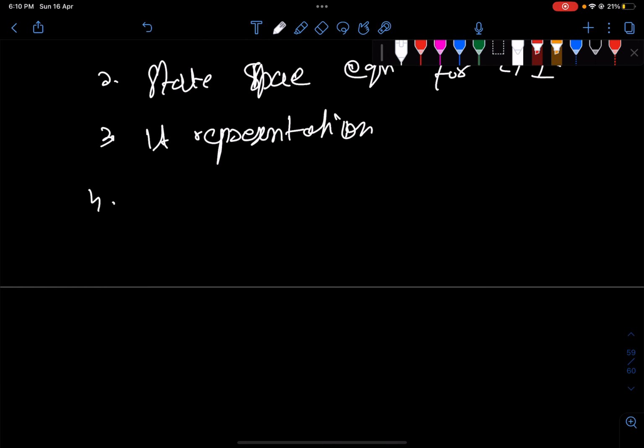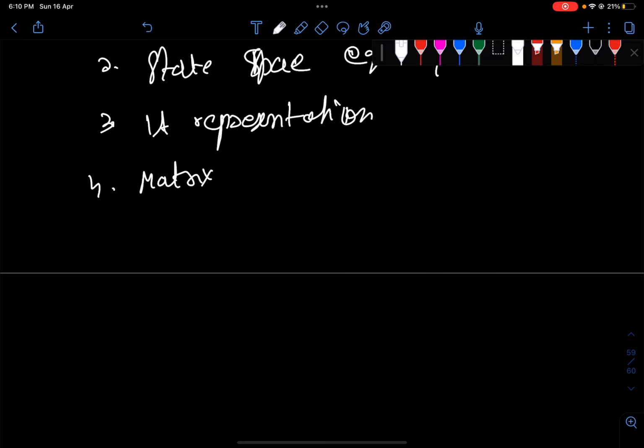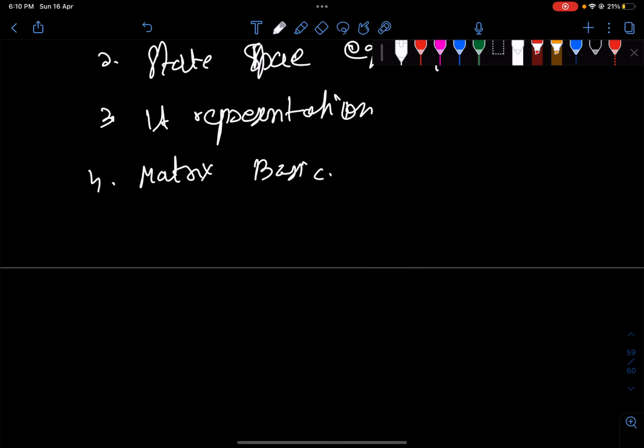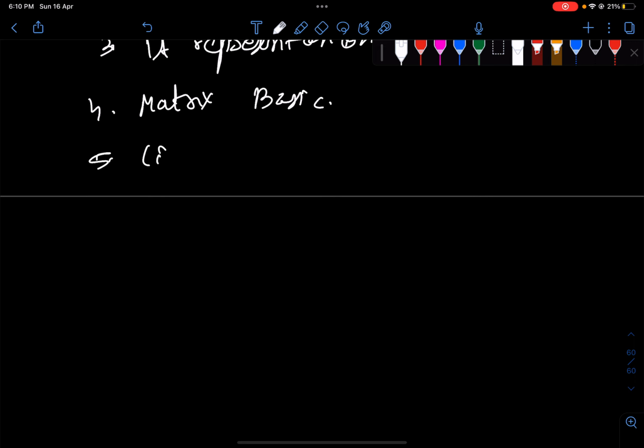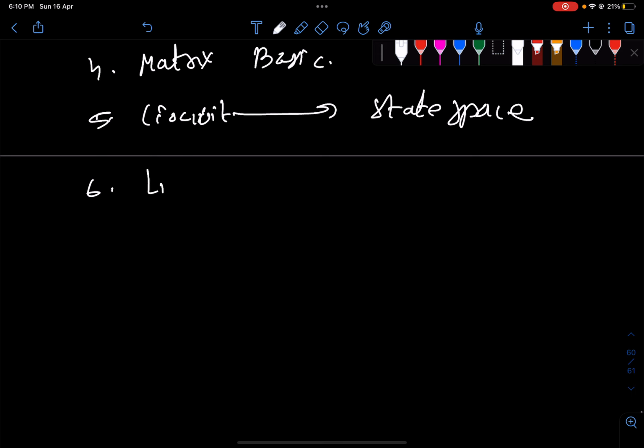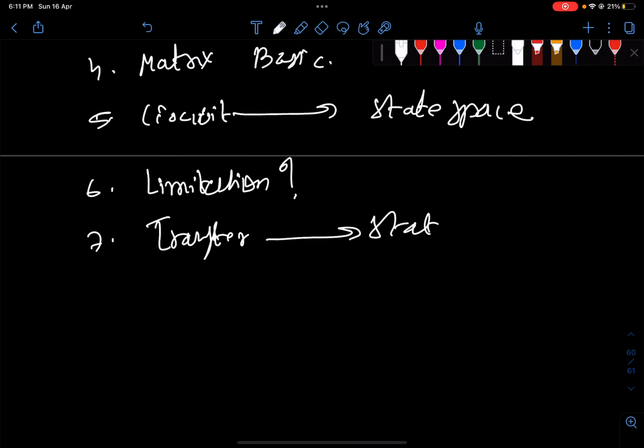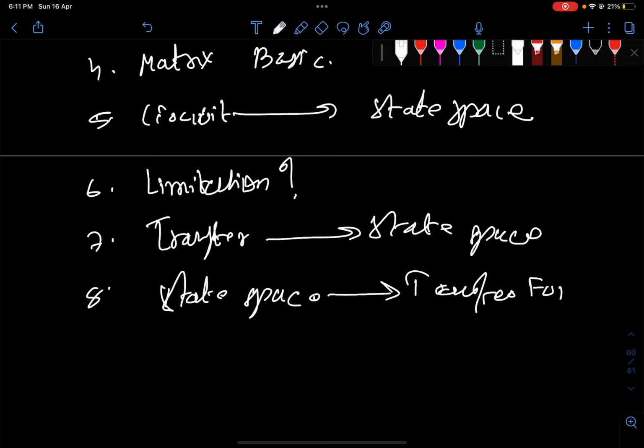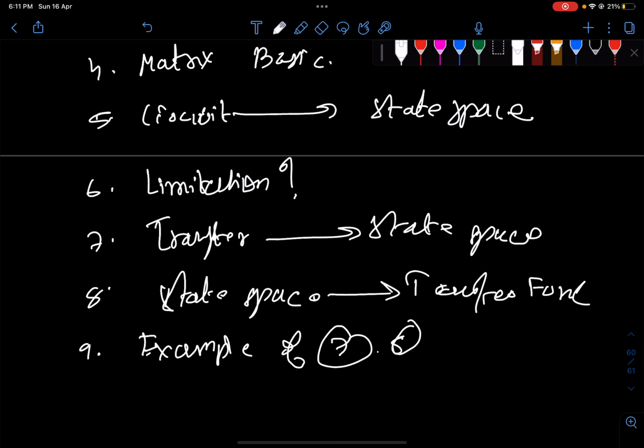After that I went through matrix basics: inverse, rank, determinant, non-singular matrix, etc. Next, from circuit to state space, then I showed you that if the circuit is larger it is very difficult, so that is a limitation. How do we overcome the limitation? Transfer function to state space, and the reverse, state space to transfer function. Then I told some examples for both cases, examples 7 and 8.